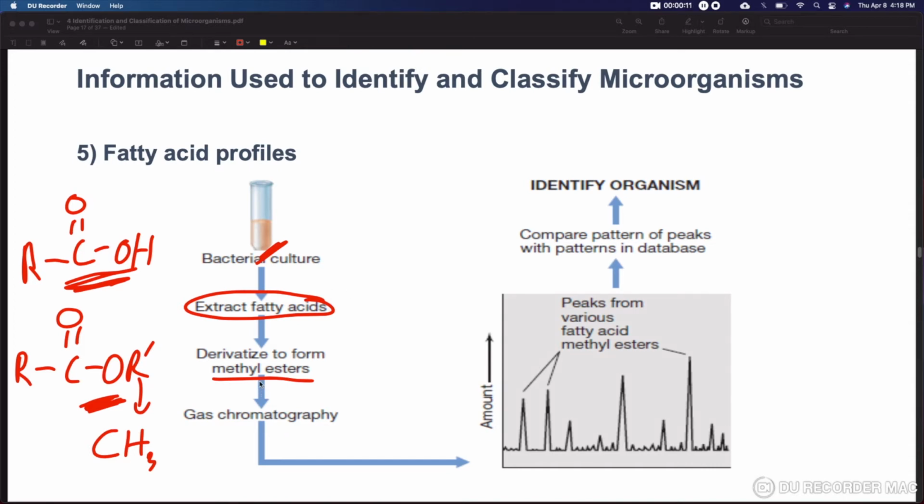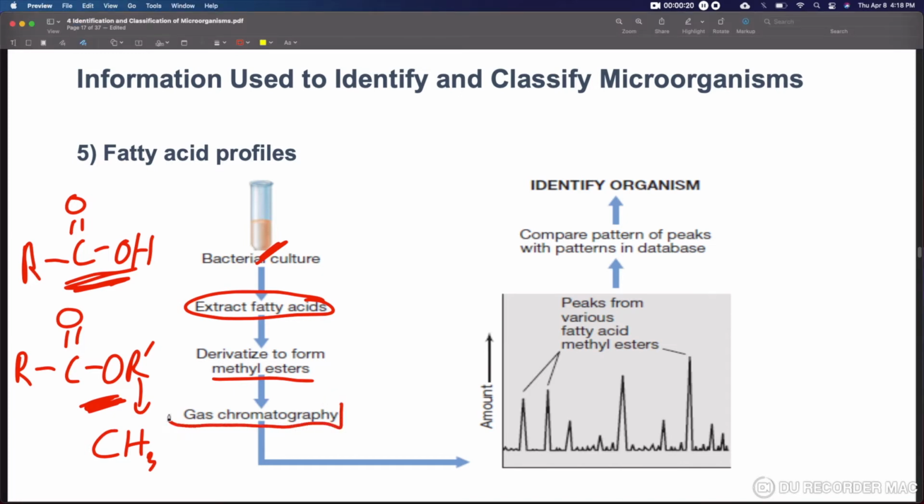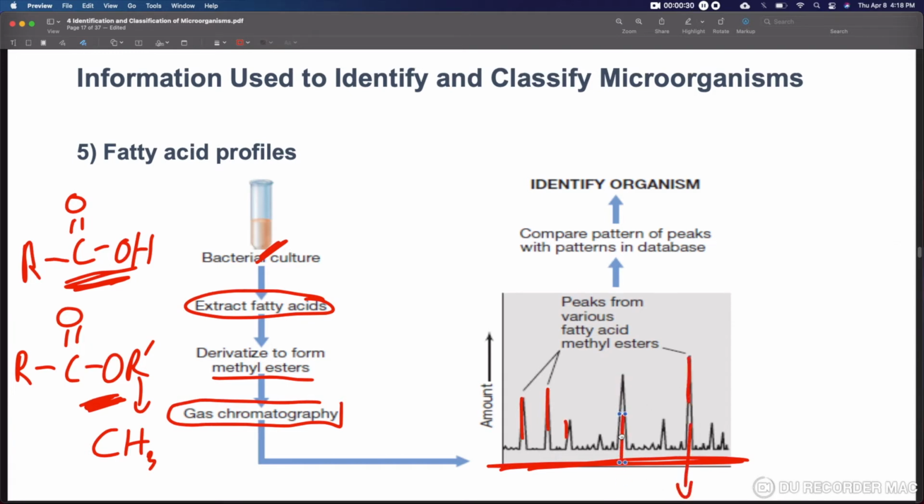And of course, this derivative form, this methyl ester form, is volatile. Thus, we use chromatography to create this profile right here, these peaks right here. And these peaks, of course, correspond to certain classes of your fatty acid methyl esters.